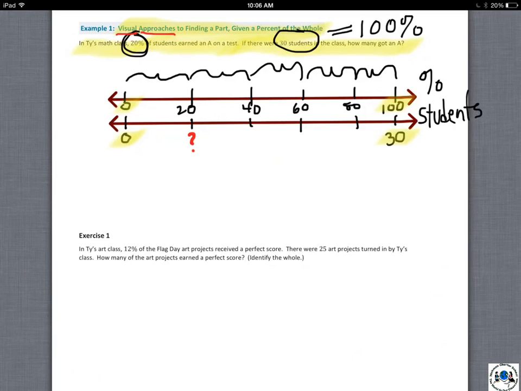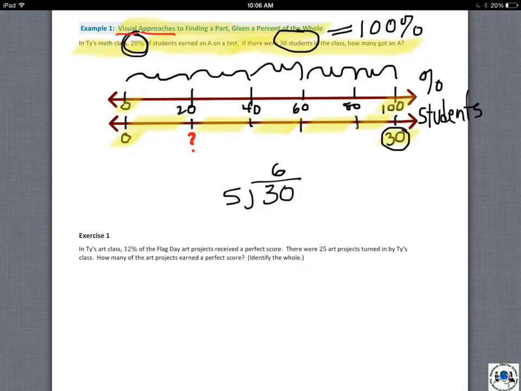Now, below it, there are numbers of students that are going to correspond to those percentages. So we have 1 segment there, 2 segments, 3 segments, 4 segments, 5 equal segments, and that's really important, that also correspond to the equal segments on the number line above.